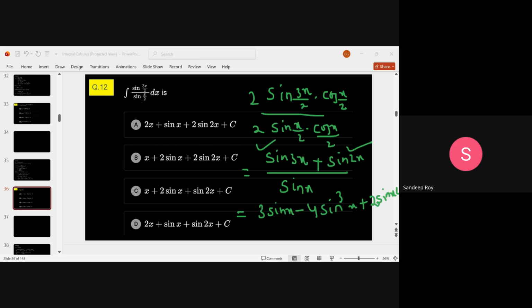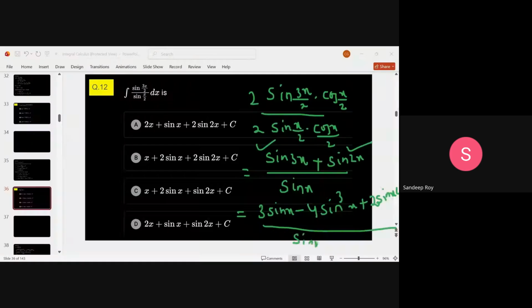Then after that, you just simplify this further. This divided by sine x is already there in the denominator part.